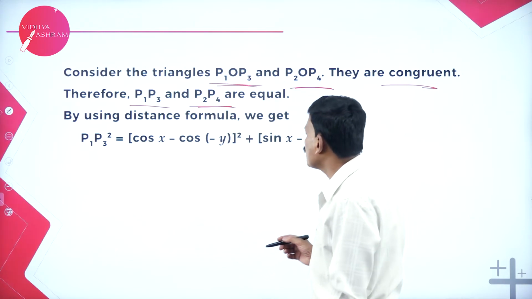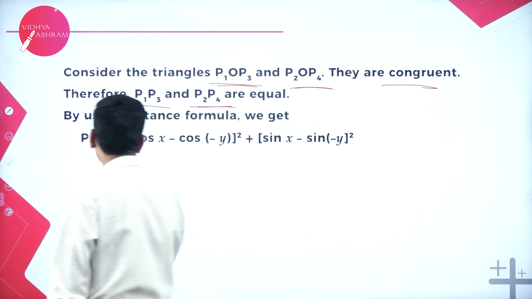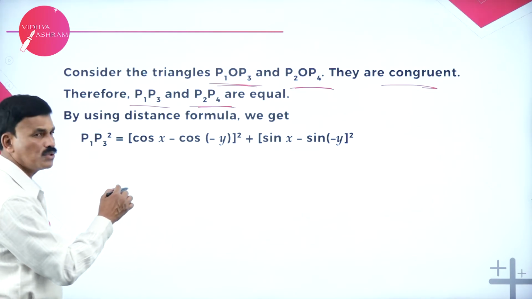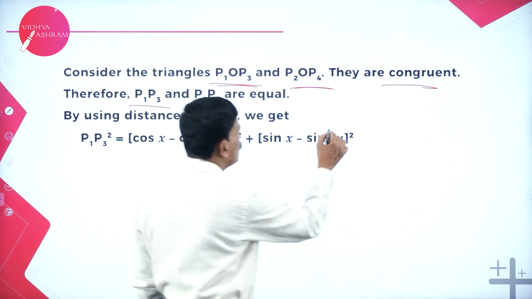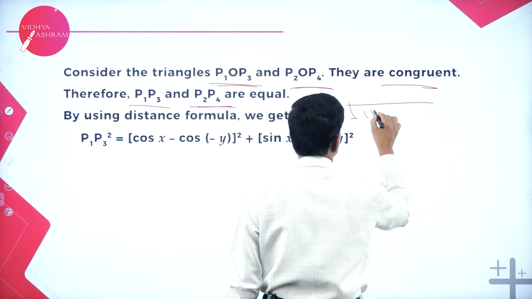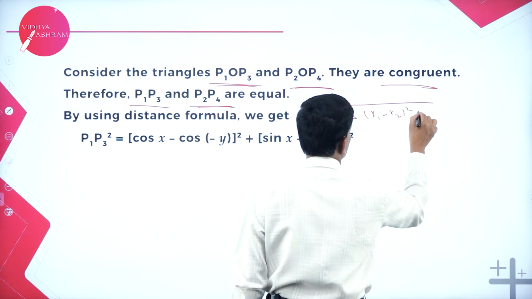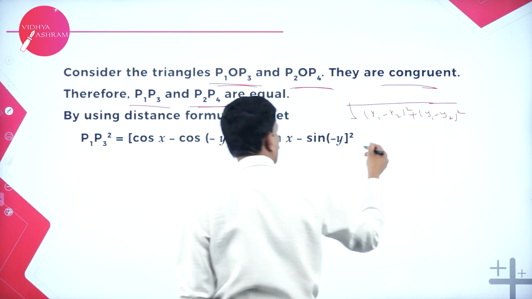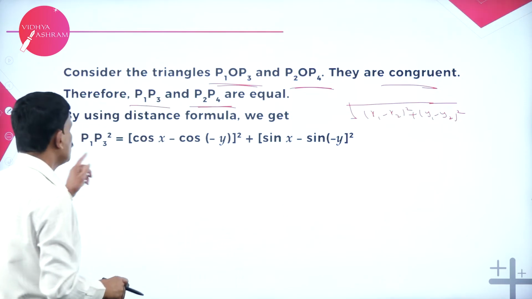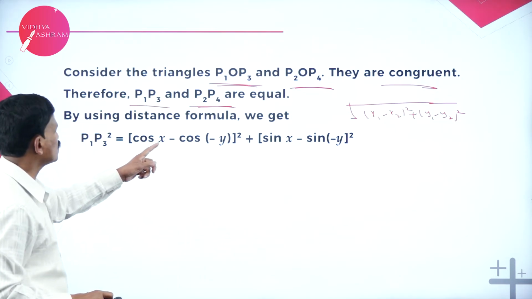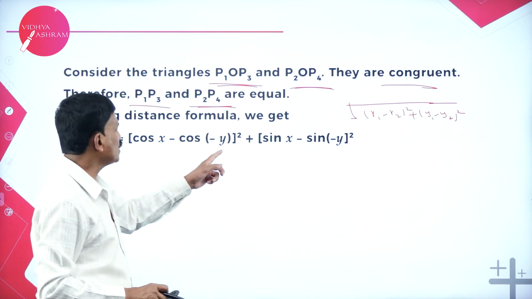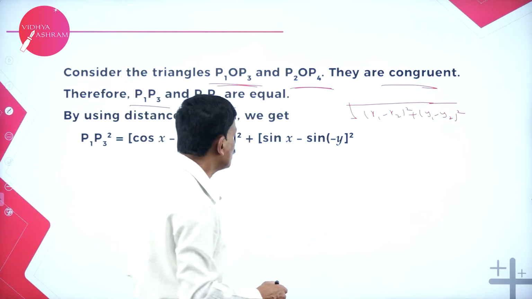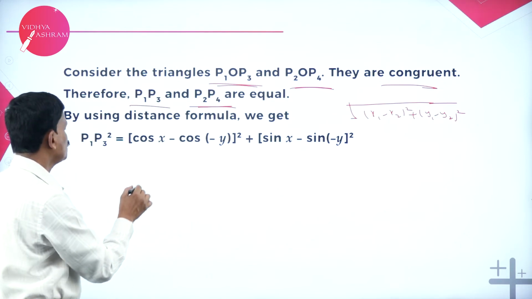Now using the distance formula, we can write P1P3 whole square is equal to, what is the distance formula? Root of (x1 minus x2) whole square plus (y1 minus y2) whole square. If it's a square, the square root gets cancelled. P1P3 squared is equal to (cos x minus cos of minus y) whole square plus (sin x minus sin of minus y) whole square.